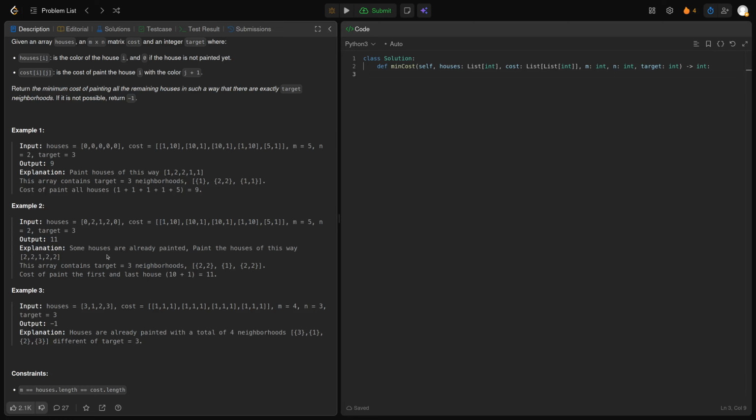We just check dp i minus 1, and from there how many neighborhoods. We basically check all colors, and based on the color we know if we check the same number of neighborhoods or less.